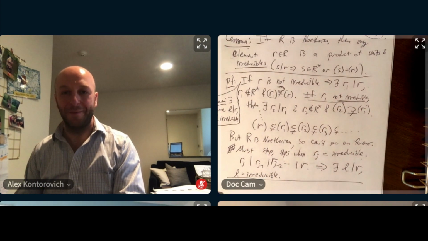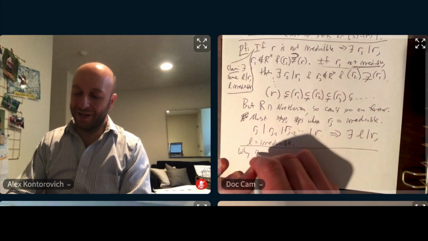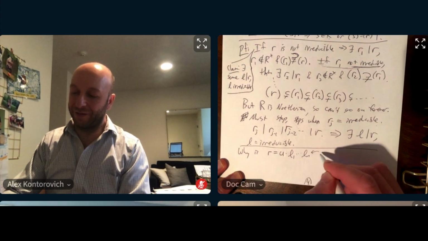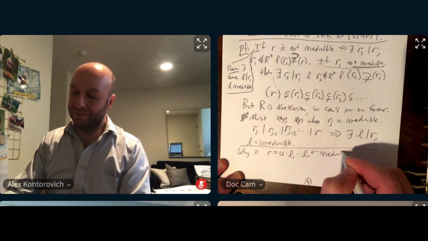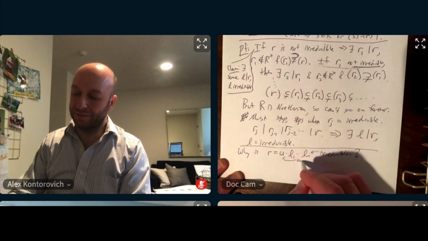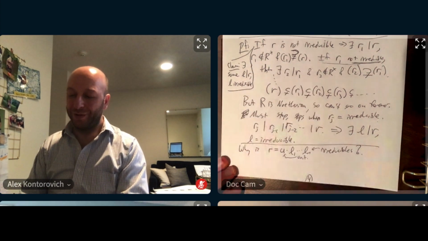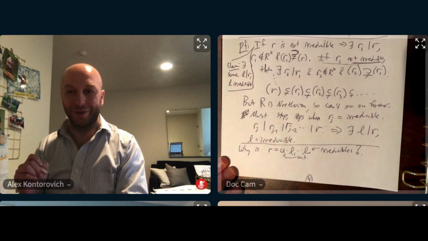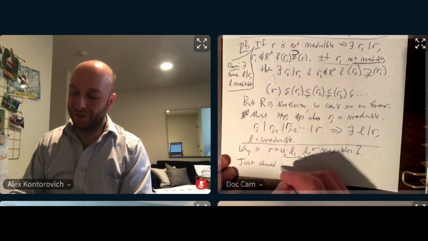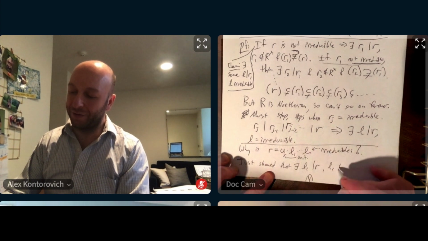So R is equal to a unit times L1 through Ln. These are all irreducibles, and this is a unit. Well, what we just showed is that R has an irreducible divisor. We just showed that there exists an L1 dividing R with L1 irreducible.